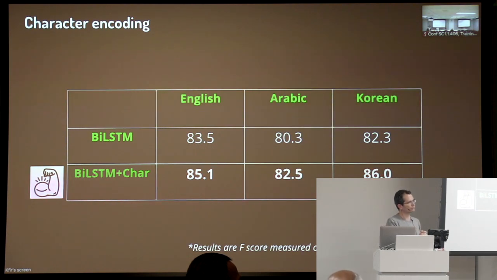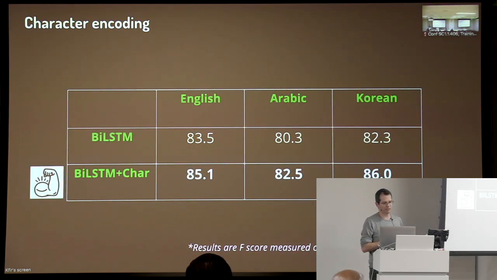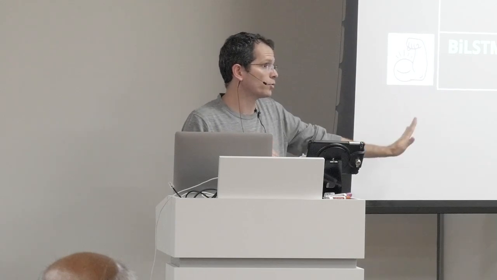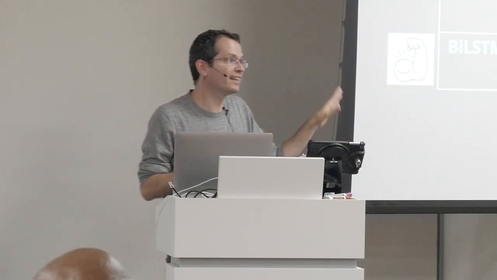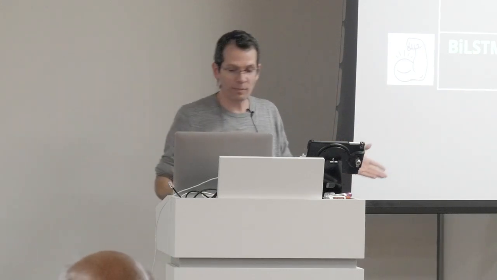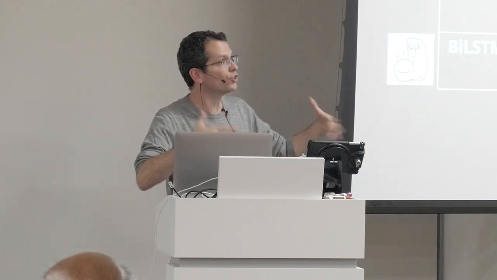Do you have an explanation why the same model works particularly well in Korean compared to the other languages? It's a very good question. So the question is about why we got a nice boost in Korean compared to the others. One reason is that we have less data for Korean. So maybe with character encoding, it was good enough.